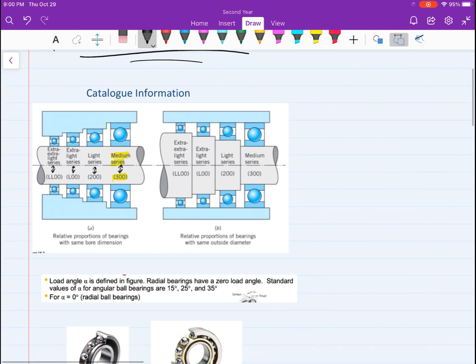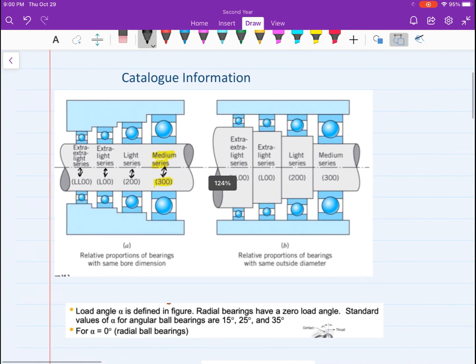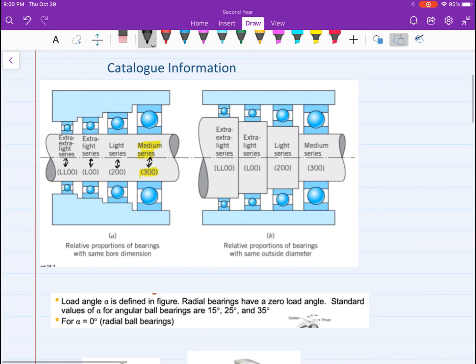So, first we can see the catalog information. With each bearing, they all have different applications that might be used. If we look at the medium-sized bearing, the different sizes might be used for different loads, it depends on what you want to do, and there are two different types.